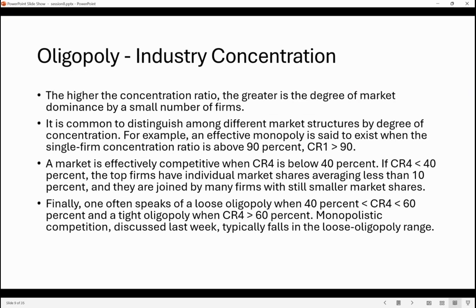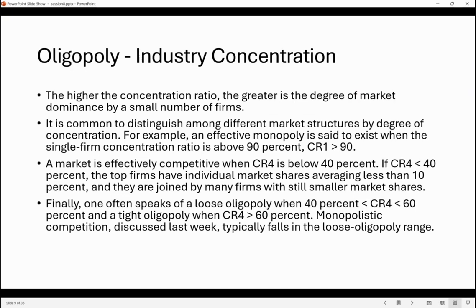So when CR4 is below 40%, that means the top 4 firms in the market have less than 40% of the market share, and the rest of the firms have 60% of the market share. It's telling us that the market is very well distributed across firms, right? So that means the market is less concentrated, and closer to perfect competition.